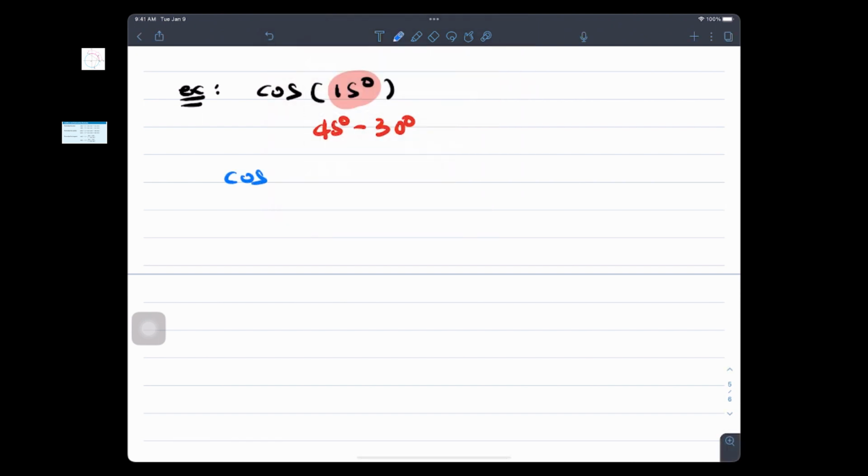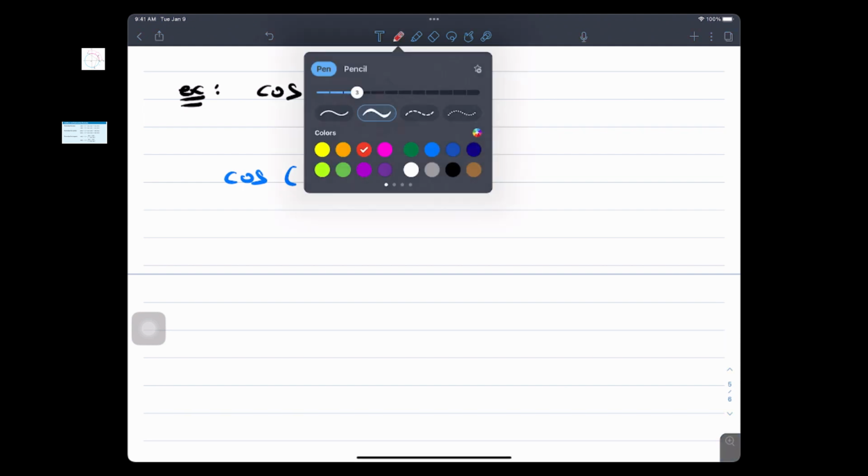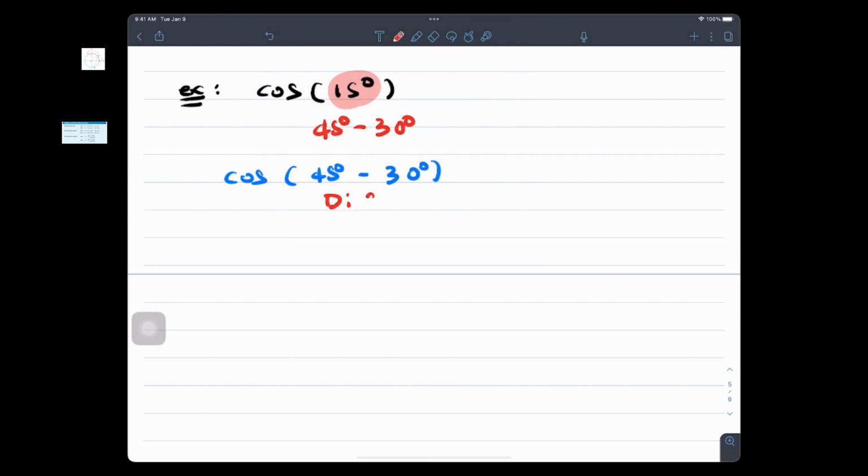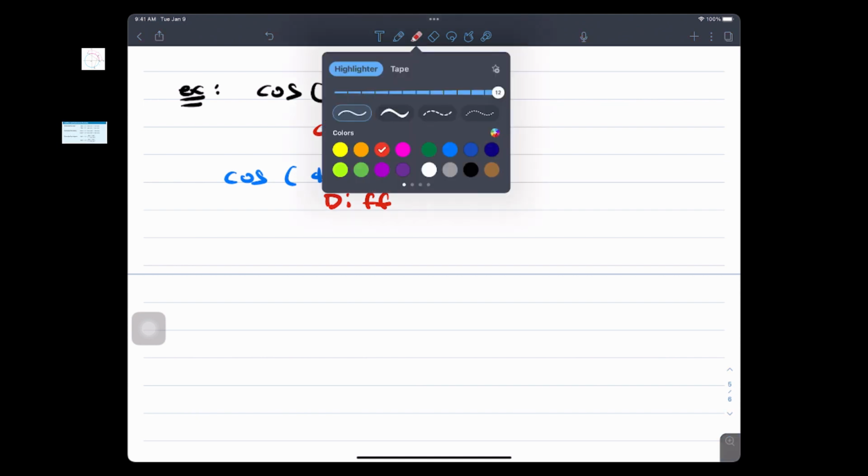So this is cosine now. 45 degrees. I'm sorry, let me be careful here with this. Isn't that minus 30 degrees? So we have to write this as a what? This is a what? Difference. Because 45 minus 30 is what? 15.